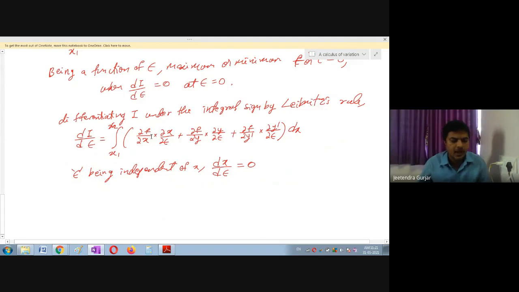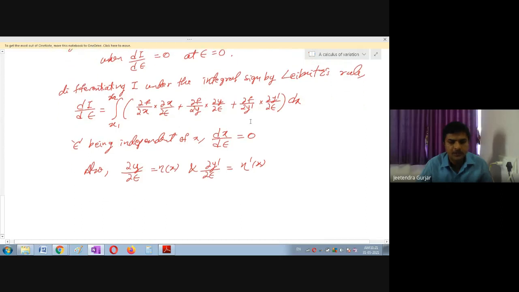And also dou y upon dou epsilon will tend to nu of x, and dou y dash upon dou epsilon will become nu dash of x. So these three things you have to remember.